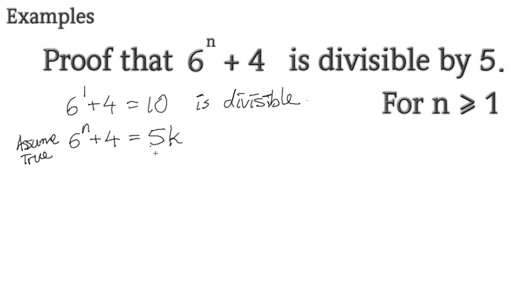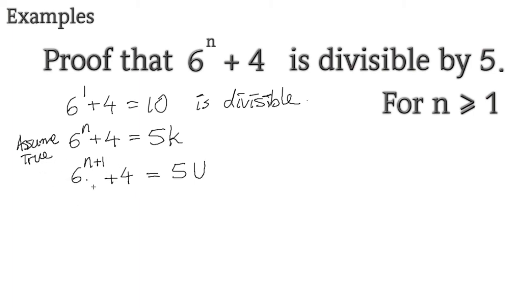With that assumed, then we can try to add 1 to n, which is 6 to the power n plus 1, add 4, should be equal to 5 lots of, let's say, u, where u is a different value from k.